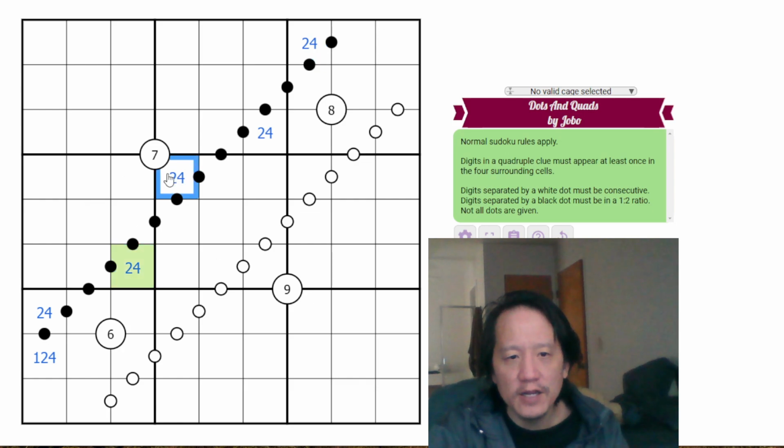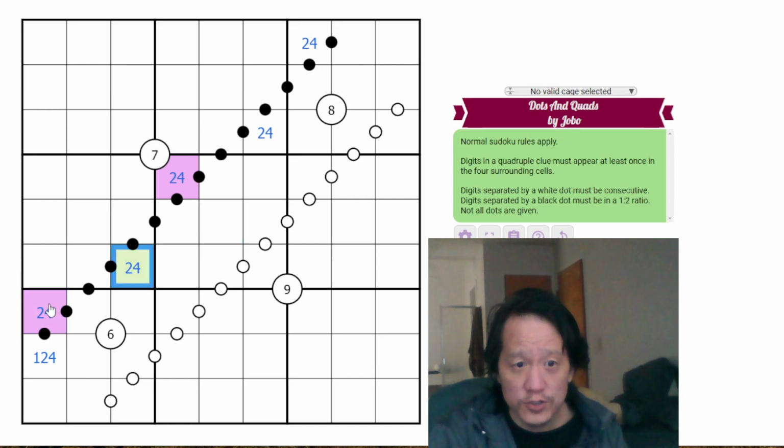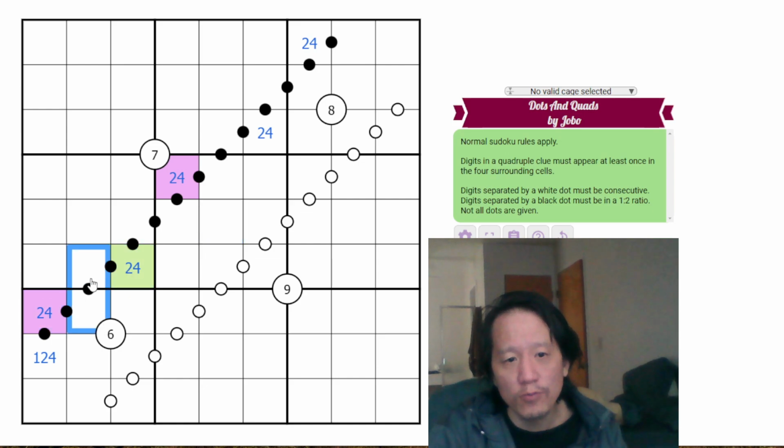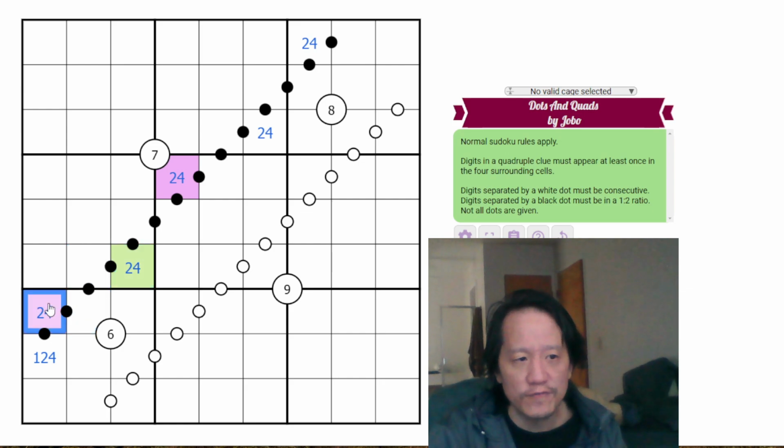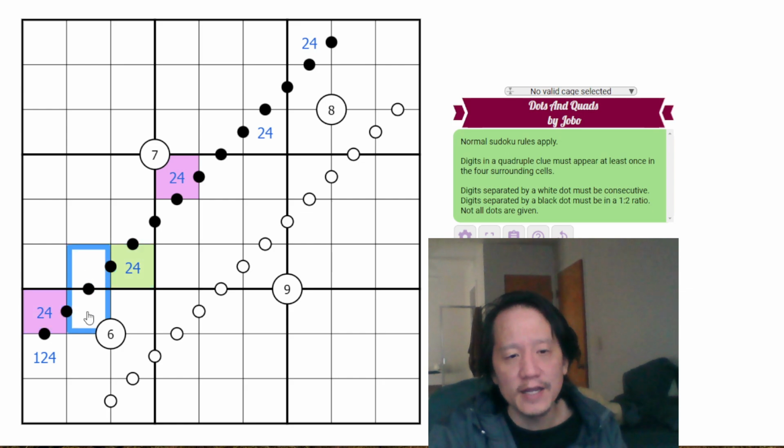If you have 4 and 4, you have to have 2 and 8, which is also not a 1 to 2 ratio. Therefore, these must alternate each time. So this is green, and this is pink.